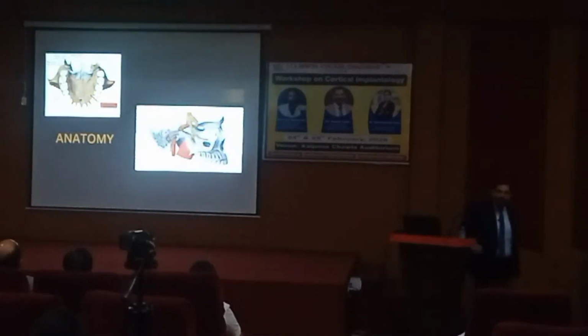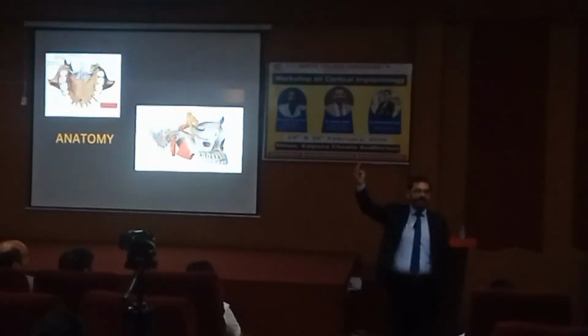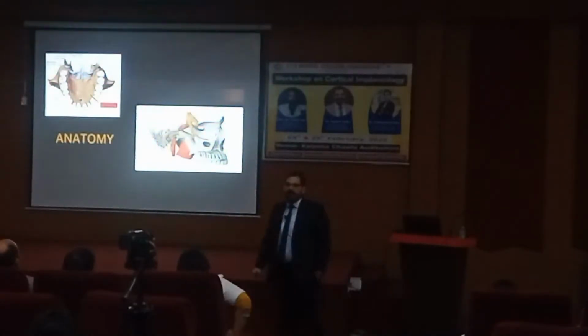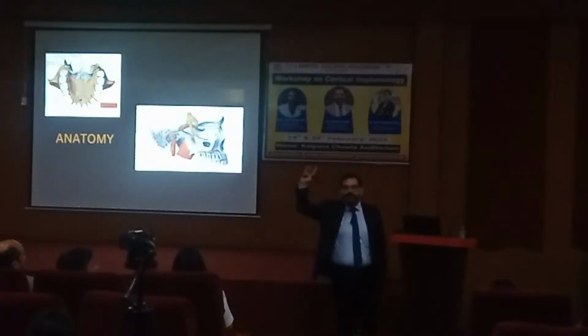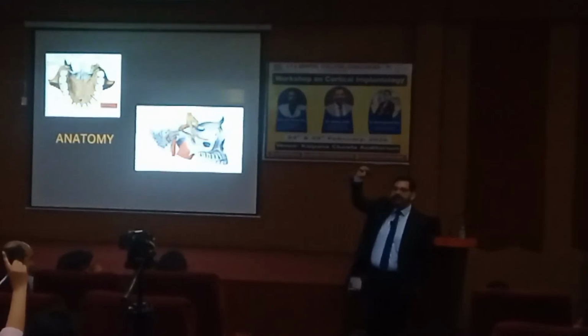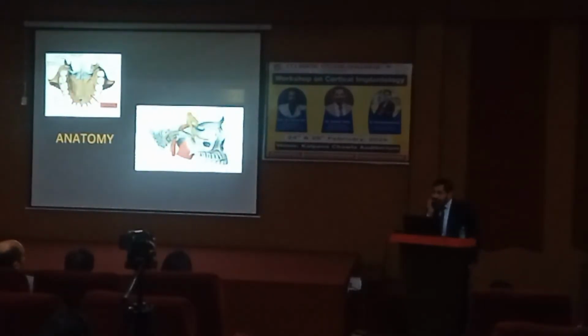Okay, the second thing you have to learn: did you understand the bone? Because we are clearing every concept step by step. How many of you understood the bone? Raise your hand. Any doubt in the bone part? Clear? Anatomy. You all know the basic anatomy. But still, whenever we place an implant, what zones should we understand?